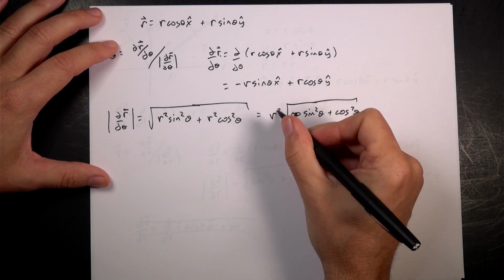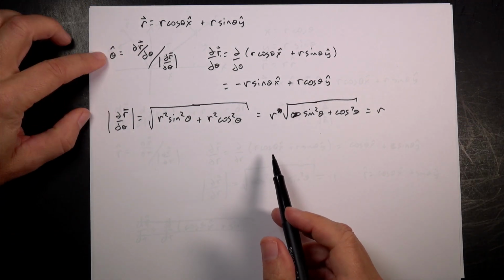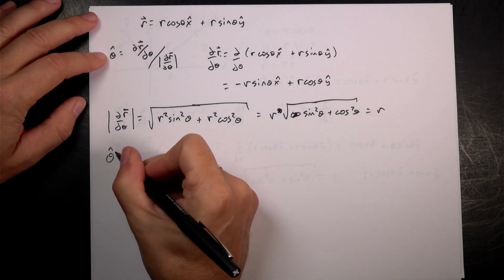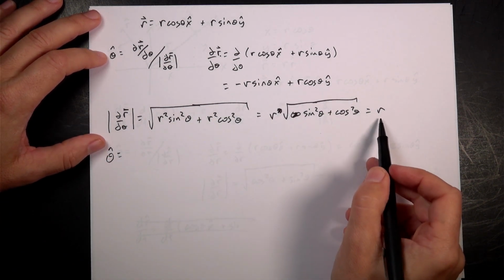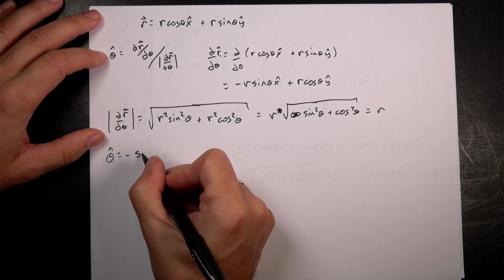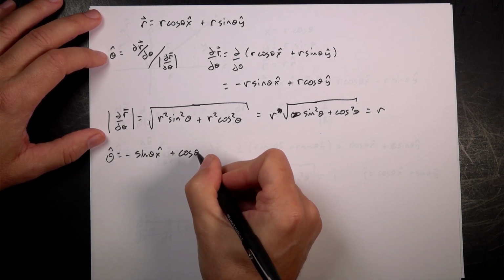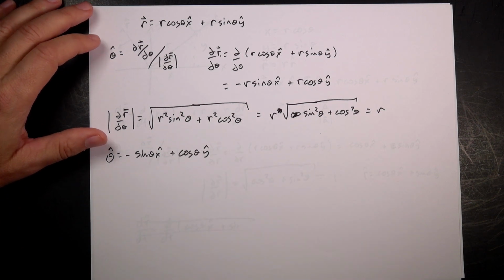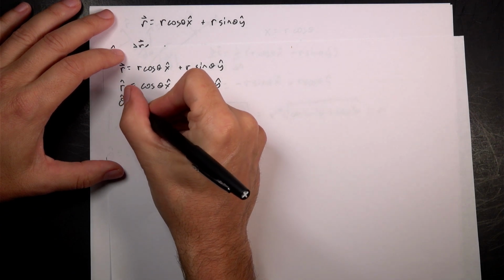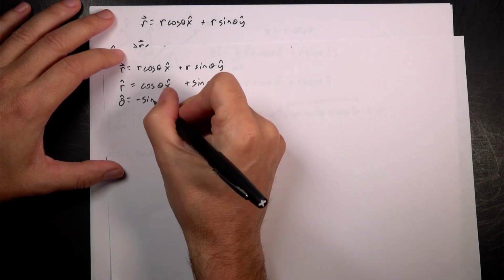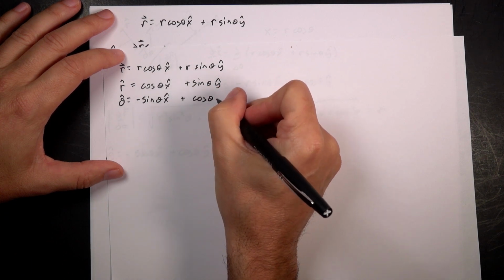And so that's just r. I factored it out. So now I can go ahead and calculate theta hat. It's going to be this partial of r with respect to theta divided by r. So I get negative sine theta x hat plus cosine theta y hat. So let's put that over here. Theta hat is negative sine theta x hat plus cosine theta y hat.